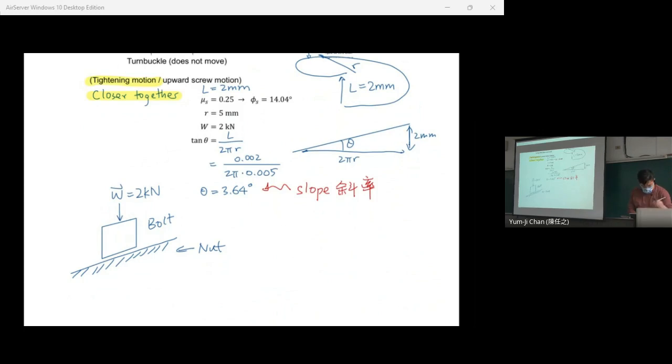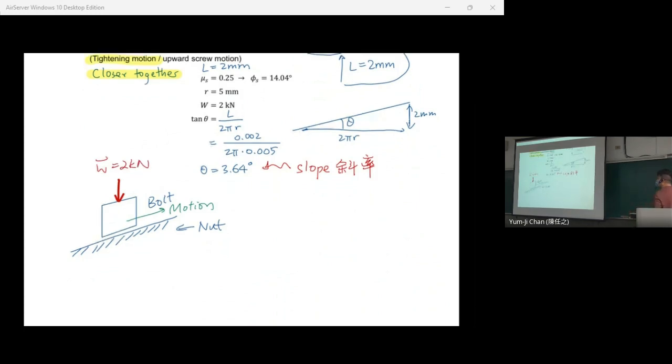Let me mark it down. Motion is going to the right. Let me draw it in red. Now, the problem looks like this.